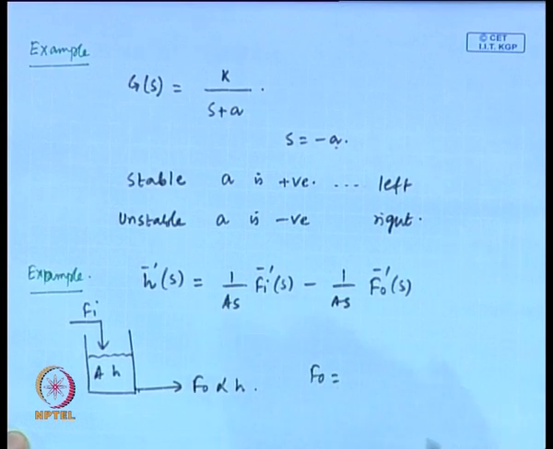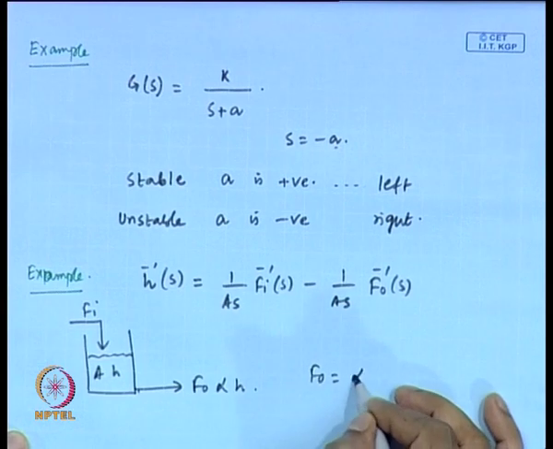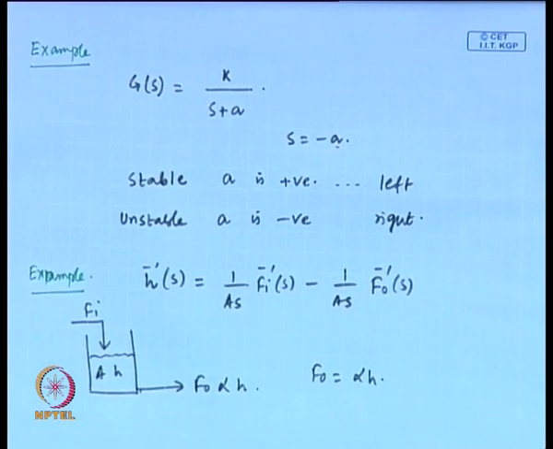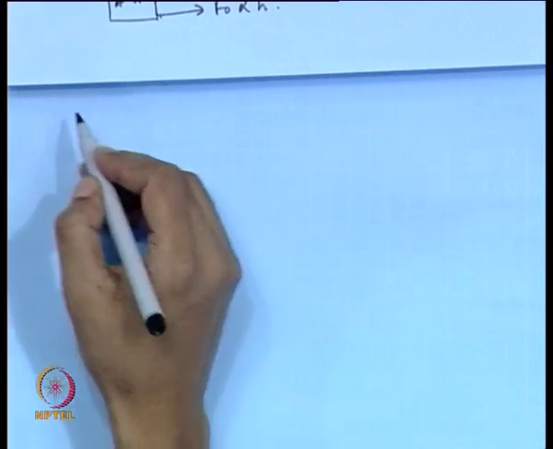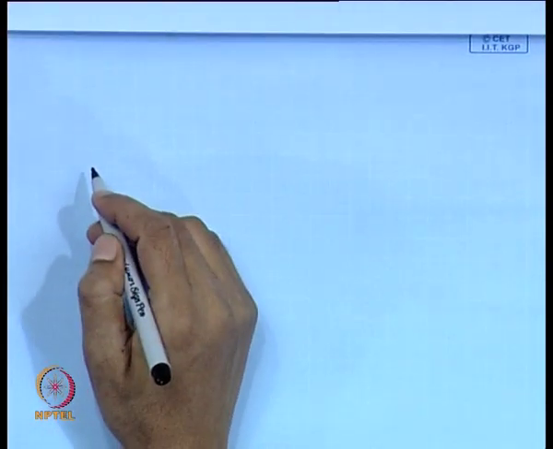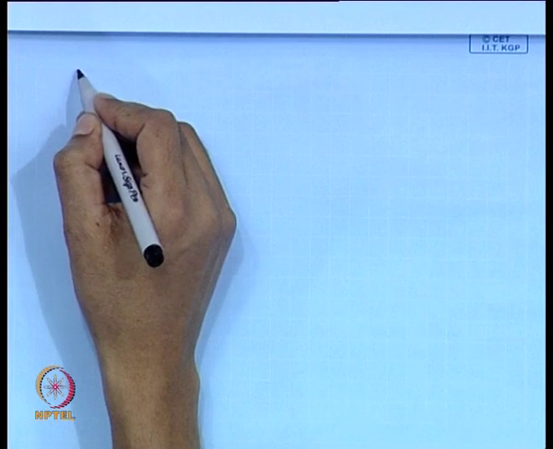Now, F naught equals, suppose, alpha multiplied by h, fine. Now, if we substitute this in the model equation, then what we will get?